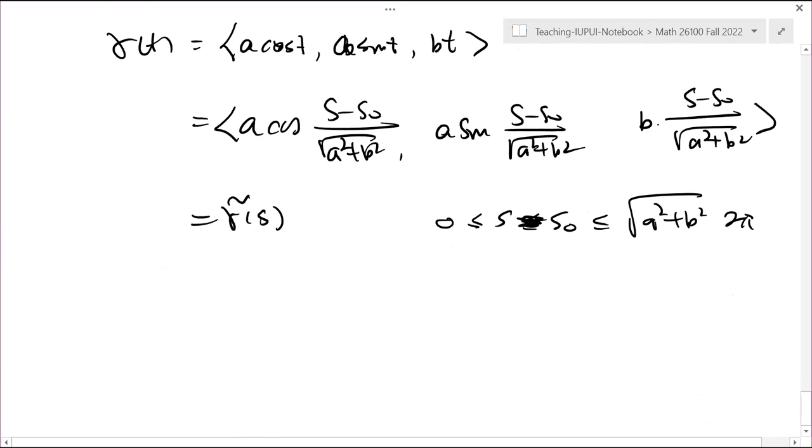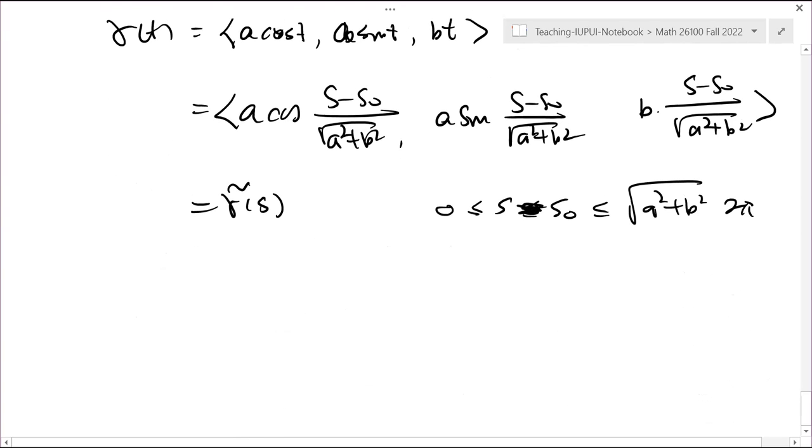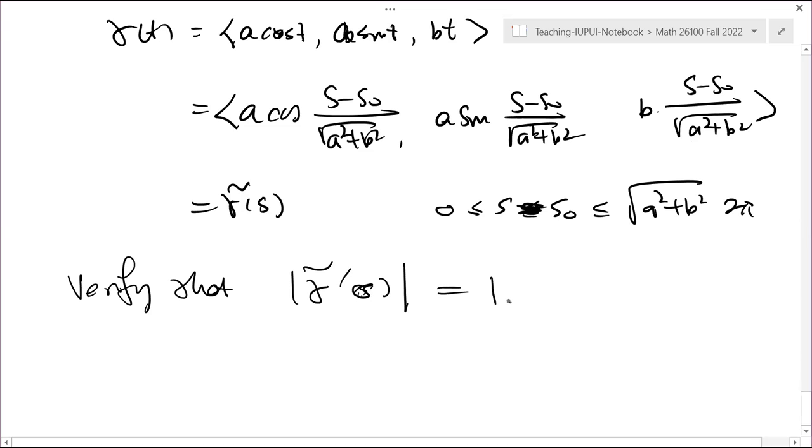All right, so anyway, we got the new parameterization for the same curve, but now it's in the s range. And you can check that. We can verify that if we differentiate, gamma prime s is always going to be 1. It has unit speed.